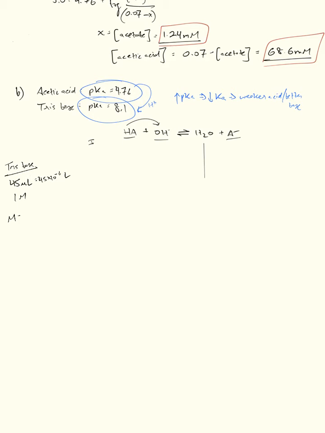So you know that molarity is moles over liters. So you just do 1 divided by, you have 1, and you want to find moles, and you have the liters. So then cross multiplying these two, moles is exactly the same thing. So here in the base you have 45 times 10 to the negative 6 moles.